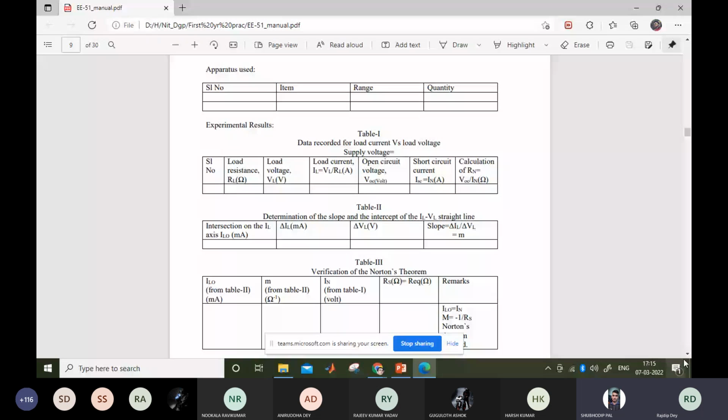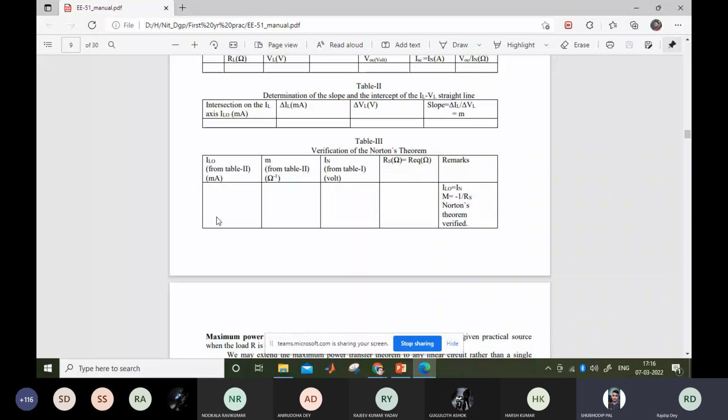Now we'll come to table number 3, where we'll compare how much ILO is, that will come from the graph, M that will come from the curve, and IN that will come from the first table, that is ISH, short circuit current or Norton current, IN. So IN and ILO will be exactly matching.